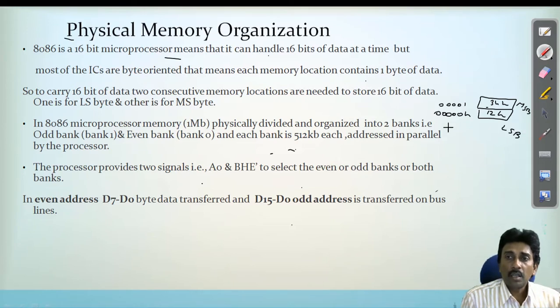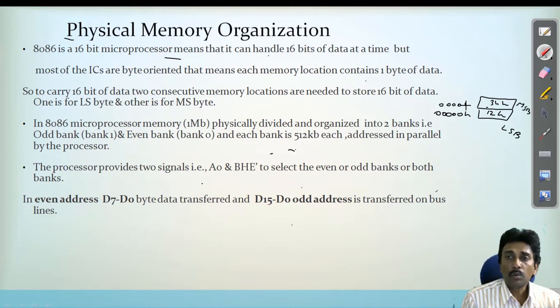If we are selecting the even memory, then we need only 1 memory cycle for a reading and writing operation. If we are selecting the odd memory address, then the least significant byte will be saved first and the most significant byte in the next consecutive memory location.